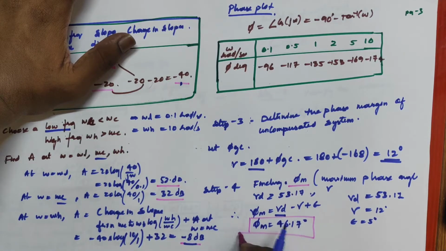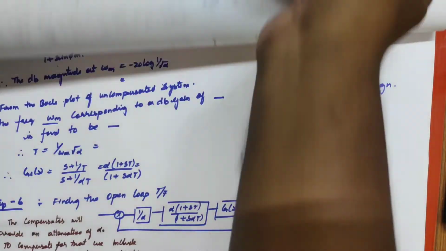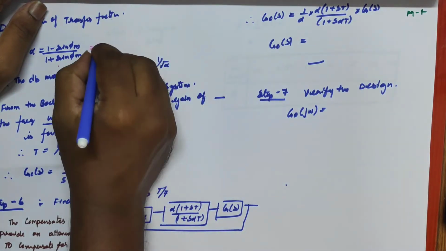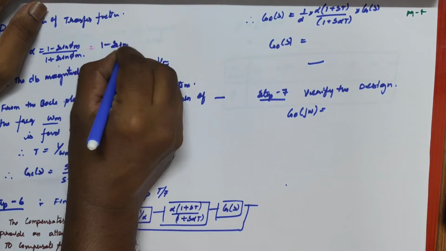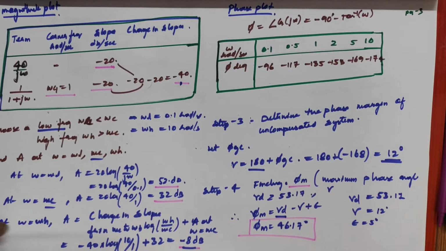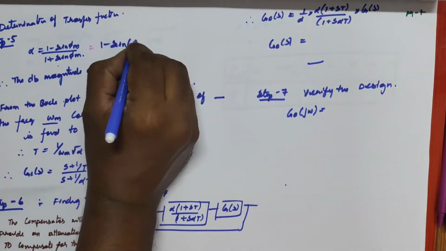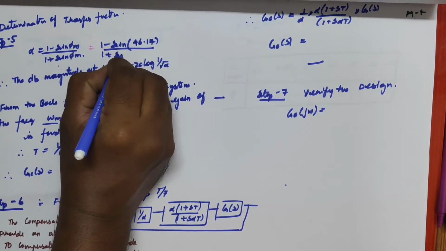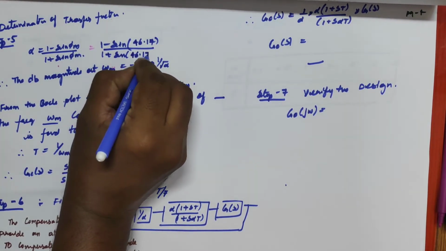Now with this, we'll find the alpha value. Alpha equals 1 minus sine of 46.17 divided by 1 plus sine of 46.17.